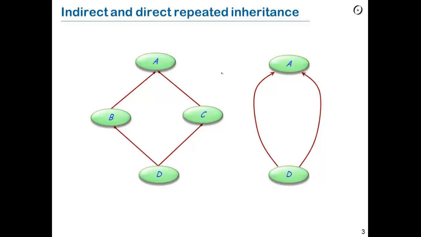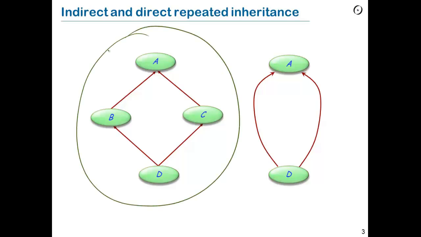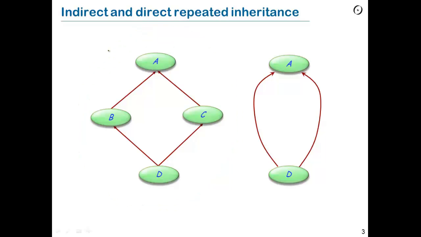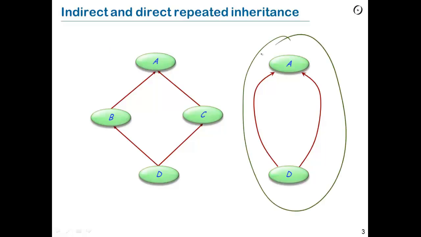First, let's know that repeated inheritance can be indirect, as in the previous case, where D inherits multiply from A through B and through C. There could be, of course, many more intermediate levels, but we are also going to allow, strange as it sounds, D to inherit from A directly several times.